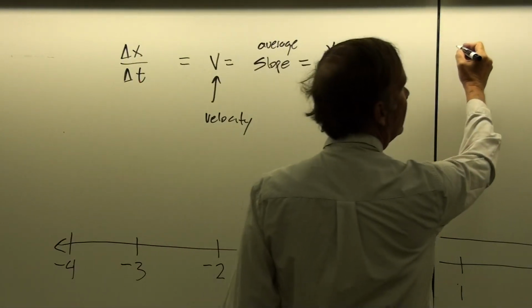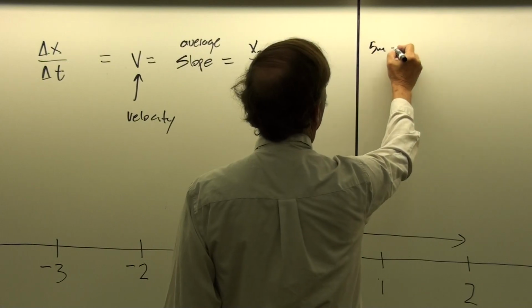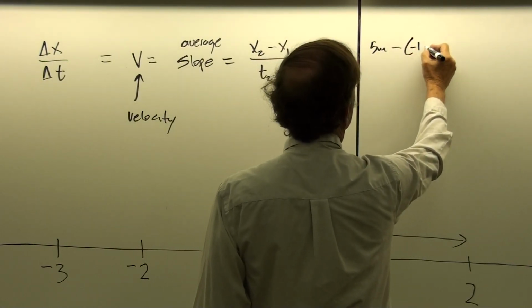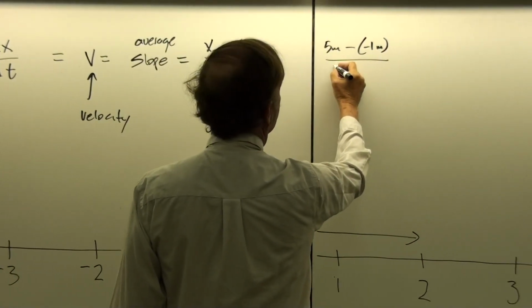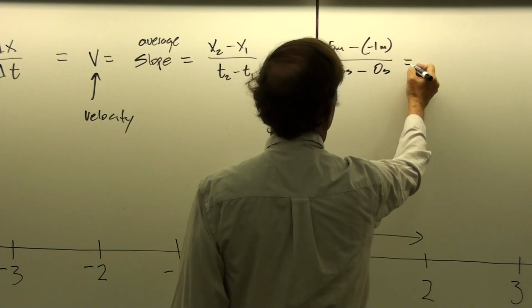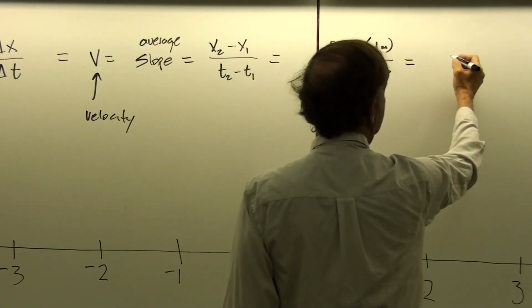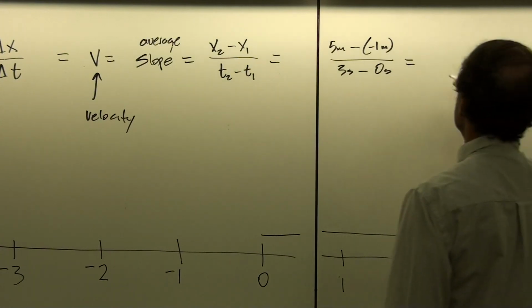And so here, that would be equal to, well, x2 is 5 meters minus x1, 1 meter, divided by t2, which is 3 seconds, minus t1, which is 0 seconds. So that gives us a change of 6 divided by a change of 3.